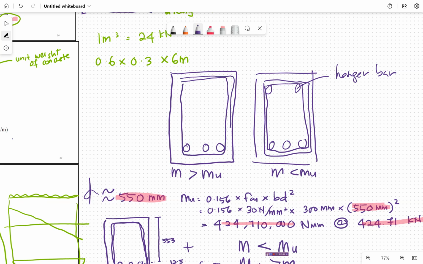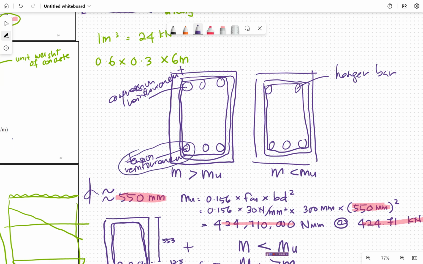However, above here, there might be another type of reinforcement, which is this one adalah compression reinforcement. Right? Bawah ni sebenarnya tension reinforcement ataupun main reinforcement lah, ataupun bending reinforcement kan. Okay, so kat bawah ni dia resist tension, kat atas ni dia kena resist compression.